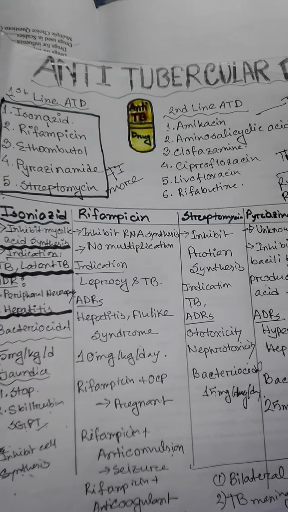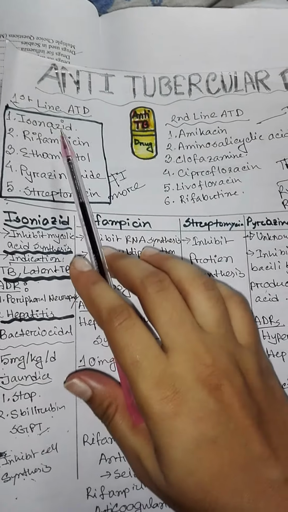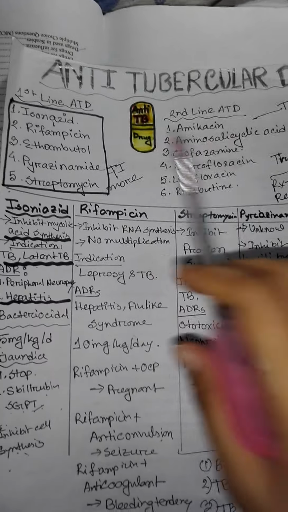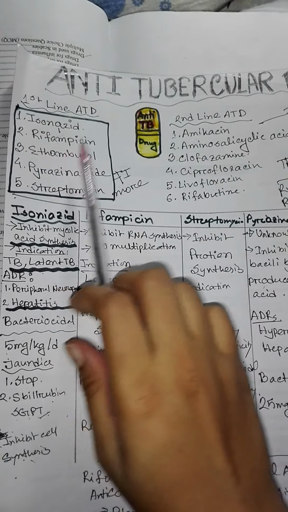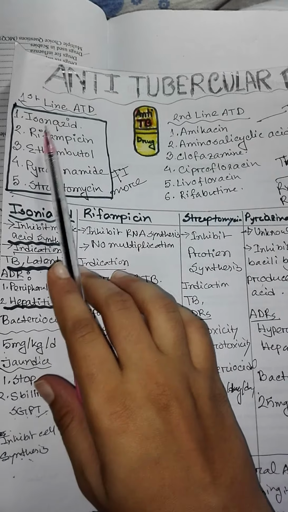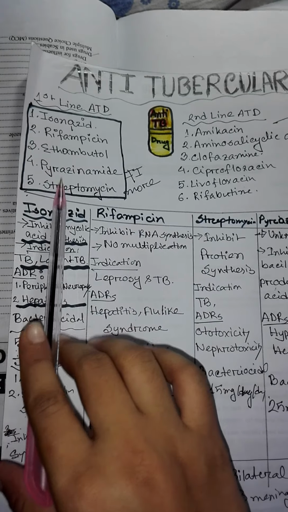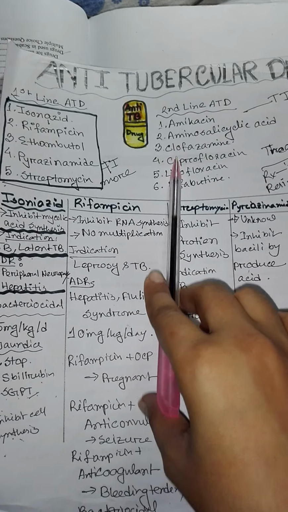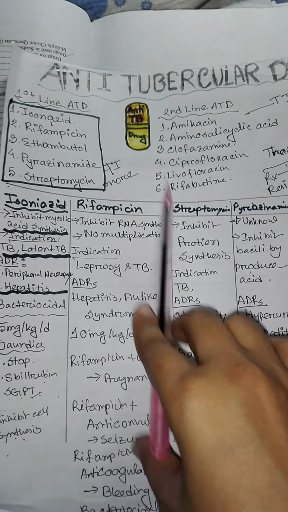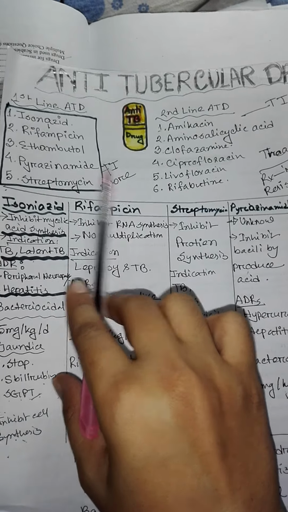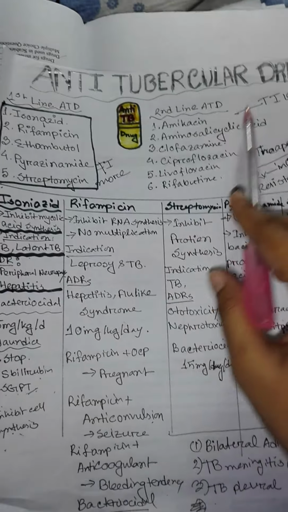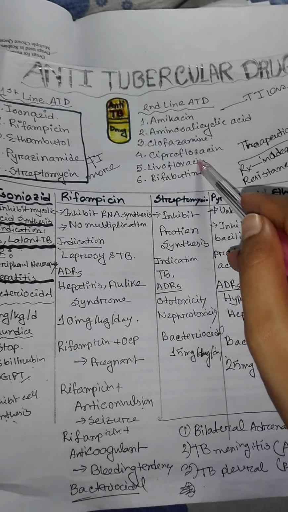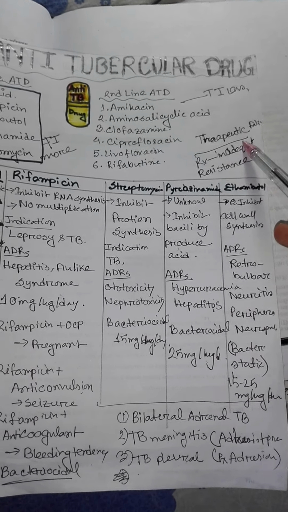At first I tell you some anti-tubercular drugs: isoniazid, rifampicin, ethambutol, pyrazinamide, streptomycin. Second line drugs: amikacin, aminosalicylic acid, clofazimine, ciprofloxacin, levofloxacin, rifabutin. Therapeutic index is more in first line anti-tubercular drugs, less in second line. Why does therapeutic failure occur?